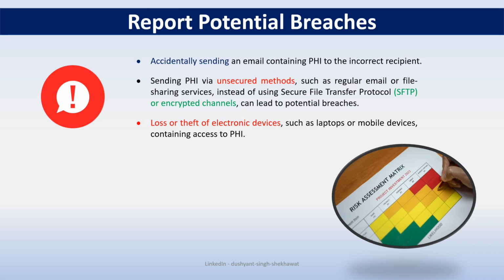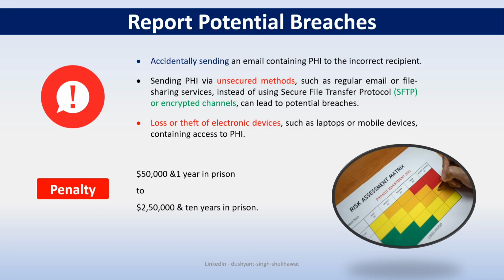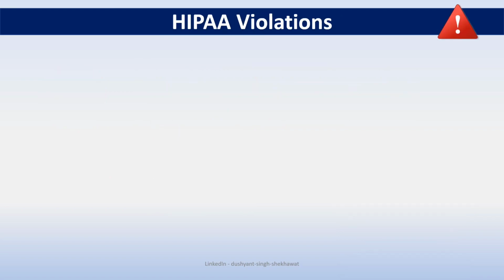Business associates hold the same direct responsibility and liability as covered entities, and violations can result in penalties including civil monetary penalties ranging from $50,000 and 1 year in prison to $250,000 and 10 years in prison.